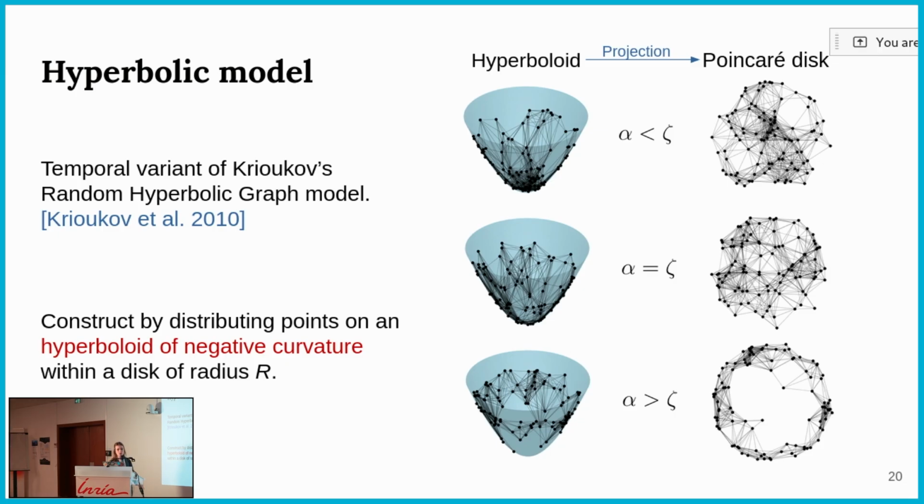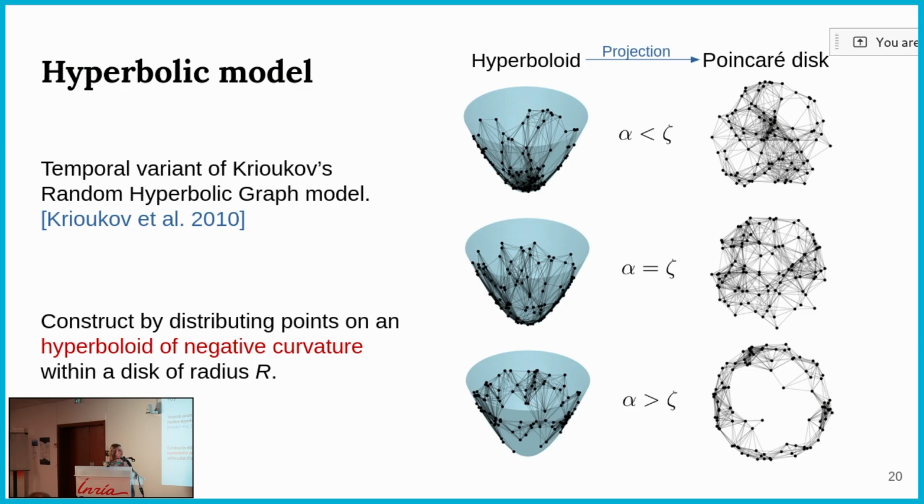And as before, this graph is constructed by distributing points on an upper half hyperboloid of negative curvature within a disk of radius r. The zeta parameter is the parameter that influences the curvature, and alpha is another parameter that influences how the nodes are placed in the space.